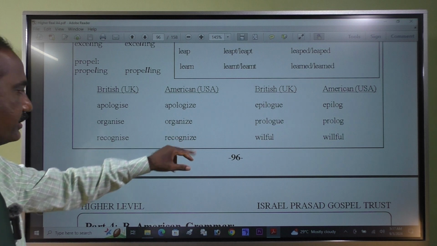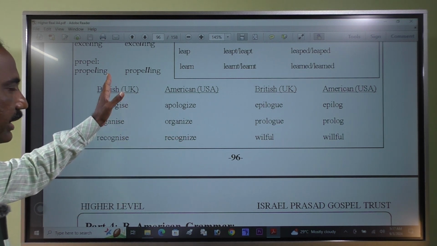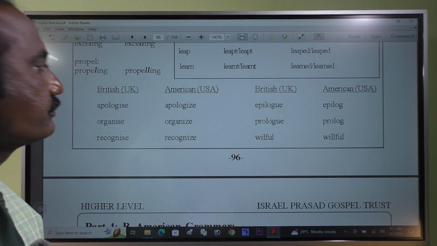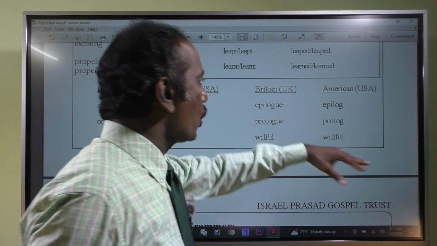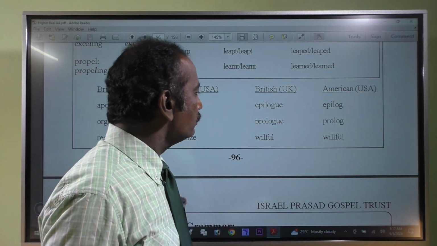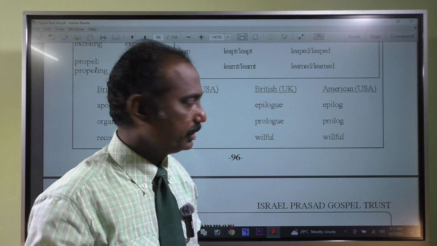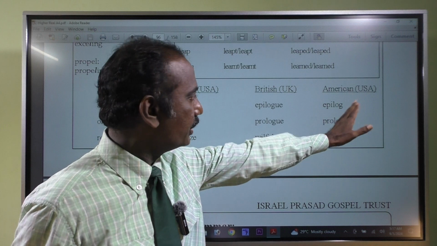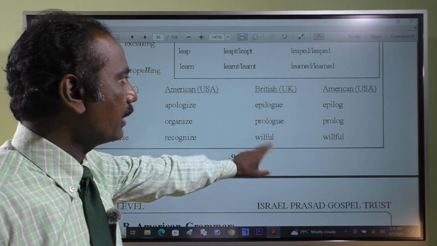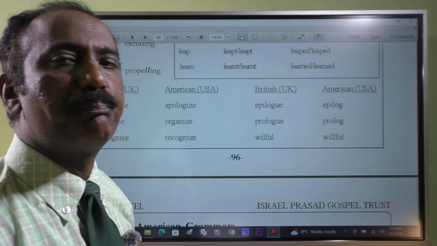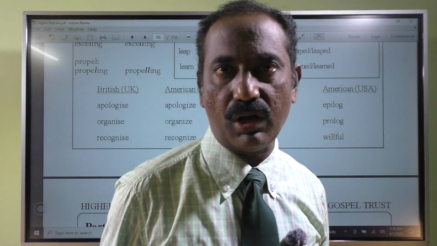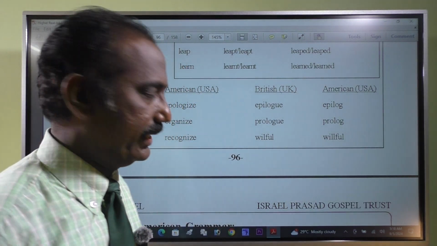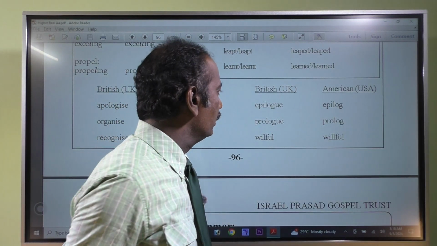And organize, recognize: at the end of the word, instead of S, Americans use Z. And epilogue means ending words in a speech or in a book; Americans do not use GUE, they end with G. Prologue means beginning words in a speech or in a book or anything; Americans avoid the UE.